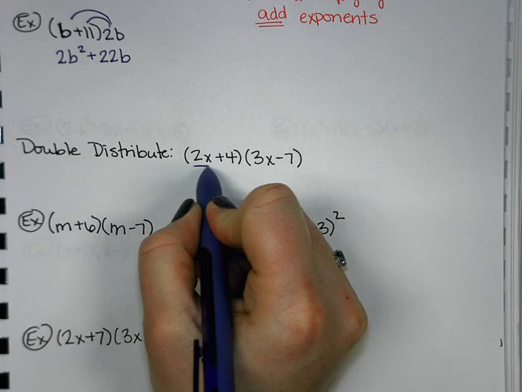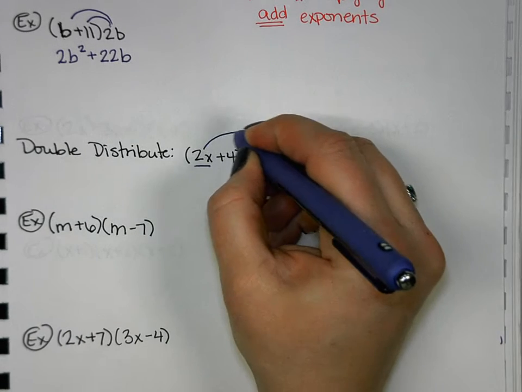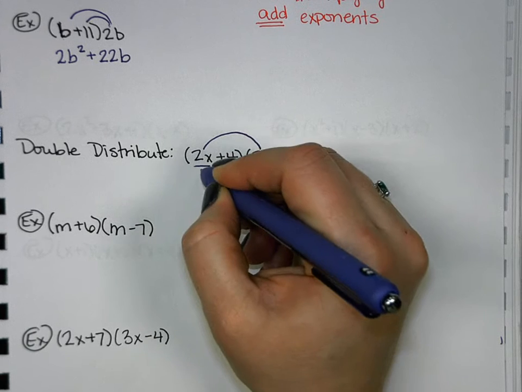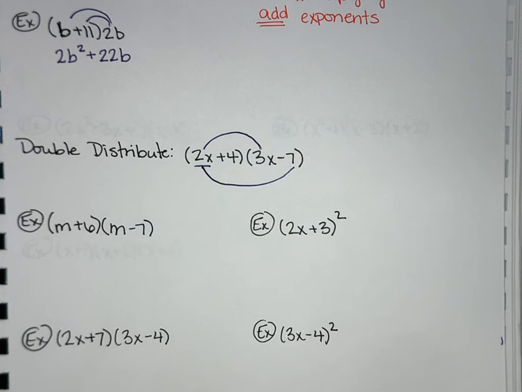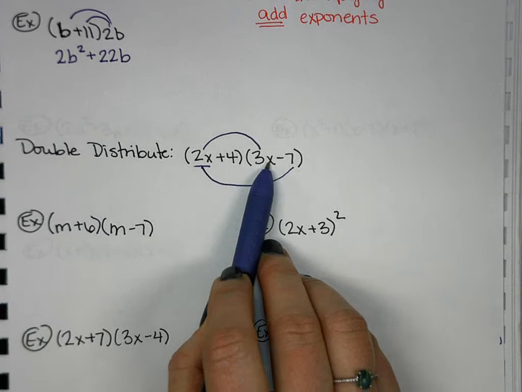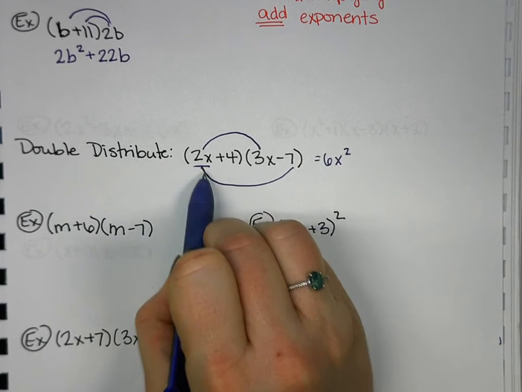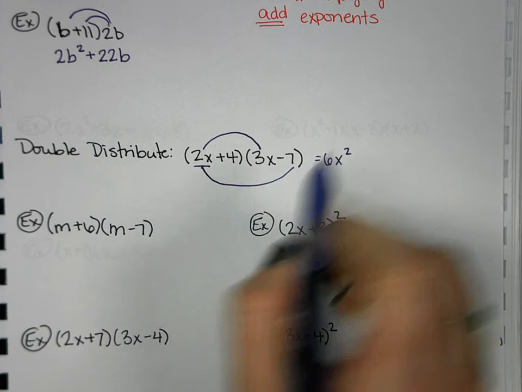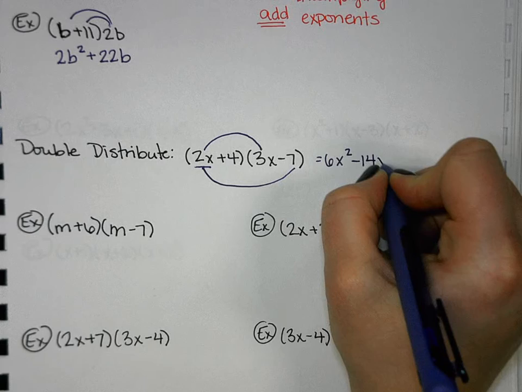So start with your first term, the 2x. You're going to distribute it to both terms in the other one. So what's 2x times 3x? 6x to the second. And then what's 2x times negative 7? Negative 14x.